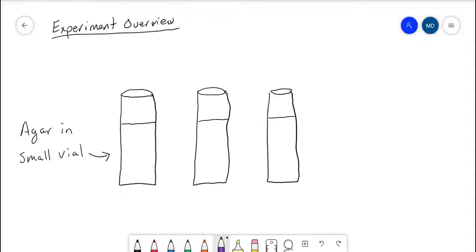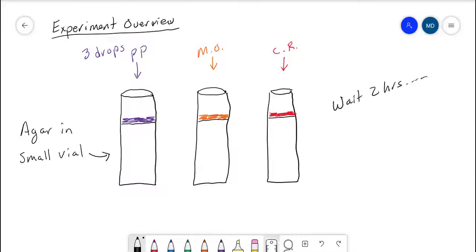If this experiment works correctly, the molecules in the agar should resist the diffusion of the dye molecules based on their size. We will then place 3 drops of each dye on top of its own agar column and then wait 2 hours for diffusion to take place.